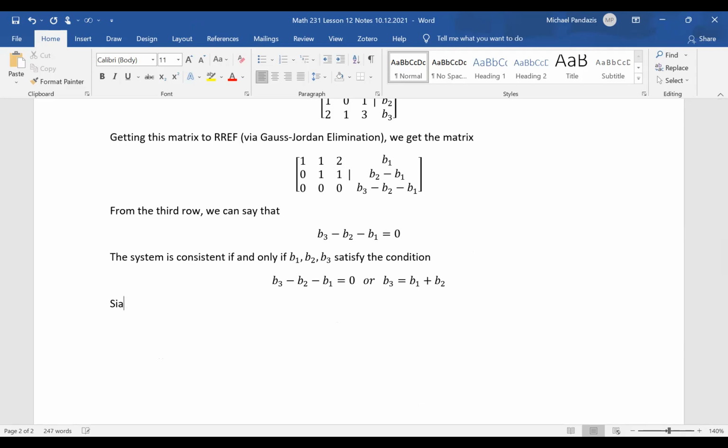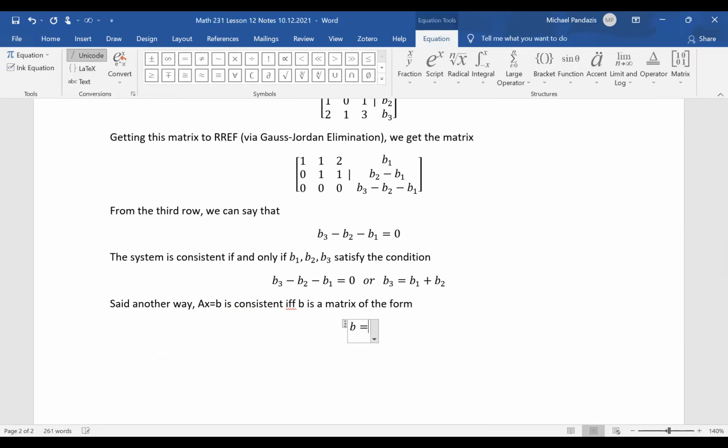Said another way, AX equals B is consistent if and only if little b is a matrix of the form. Little b has components B1, B2, B3.